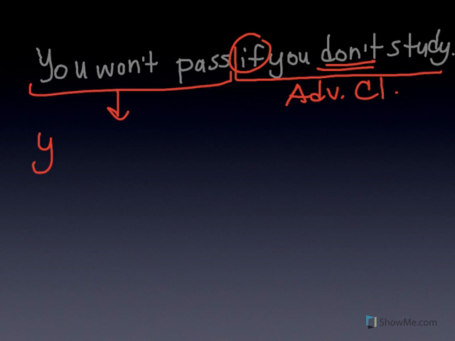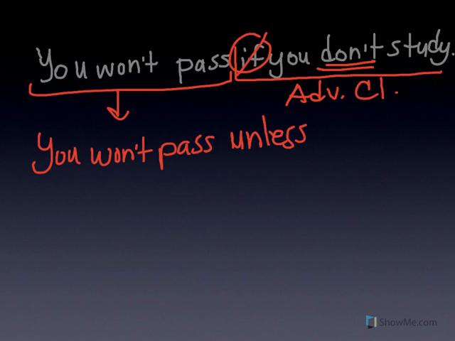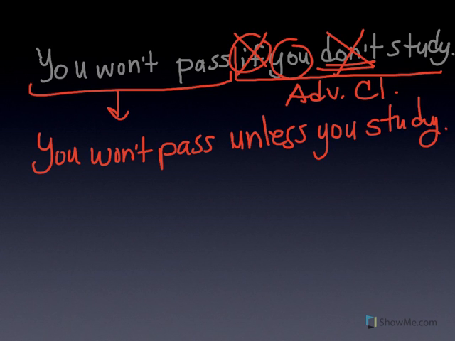So this would be you won't pass unless you study. You don't need don't. You won't pass unless you study. Same meaning as you won't pass if you don't study.